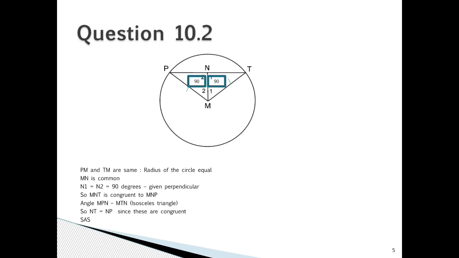MN is common. N1 is equal to N2, which is equal to 90 degrees, since we are given that they are perpendicular. So MNT is congruent to MNP. Triangle MPT is an isosceles triangle. So NT is equal to NP, since these are congruent. Side, angle, side.